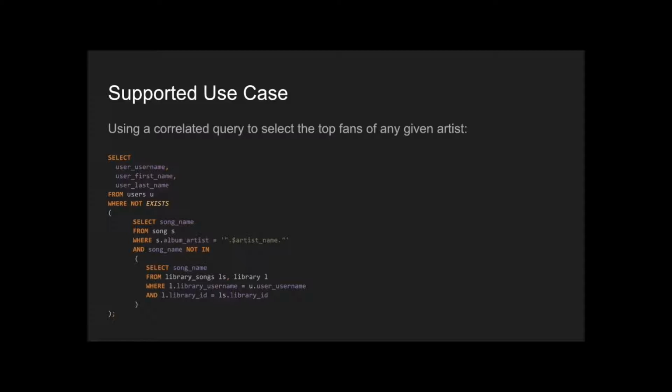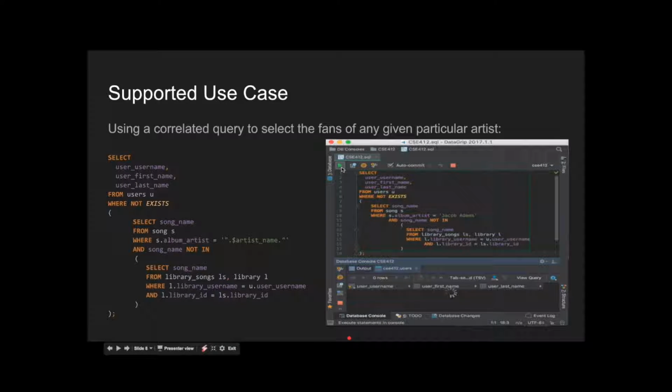And now we're going to check to see if all of the songs that are produced by this artist do not exist within the user's library. These two clauses here are to check if the username provided in the very beginning matches the library's username and also the library ID. Let's move to the website to see this in action.